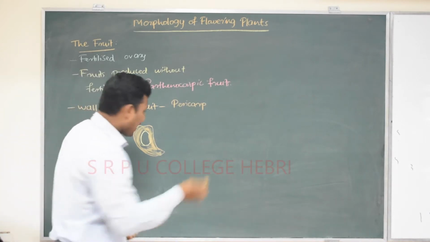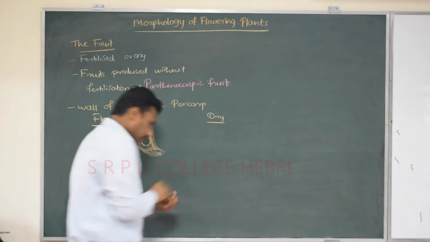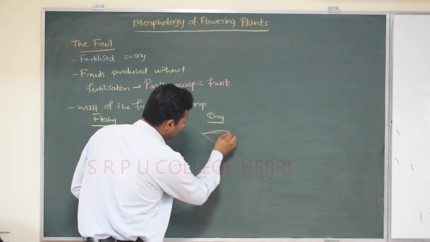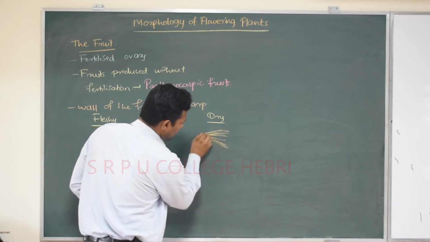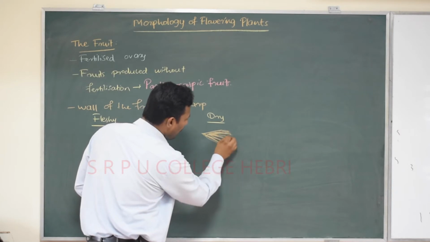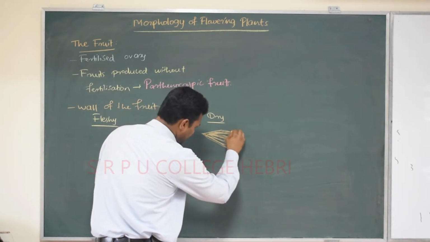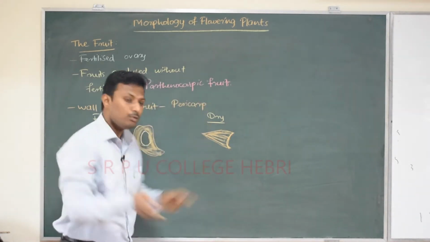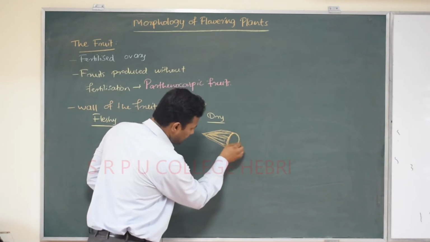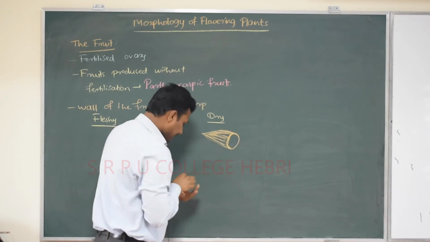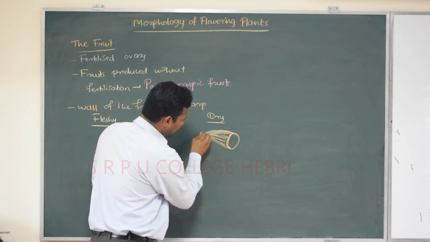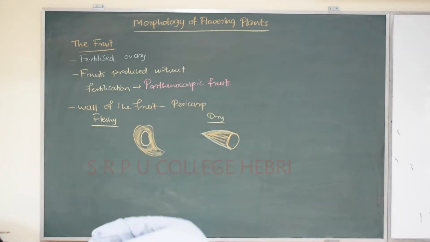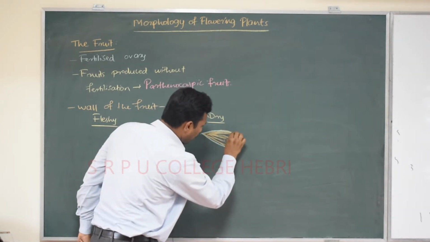And if you consider another example for dry fruit, you can give the example of coconut, right? See, I am drawing the broken coconut, that is the opened up coconut now. In the case of coconut, what do you observe here is this coconut will be having a fibrous layer in between. The outermost layer will be green in color, the middle layer is made up of fibrous thread-like structures, and the innermost layer, which is edible, will be white in color.